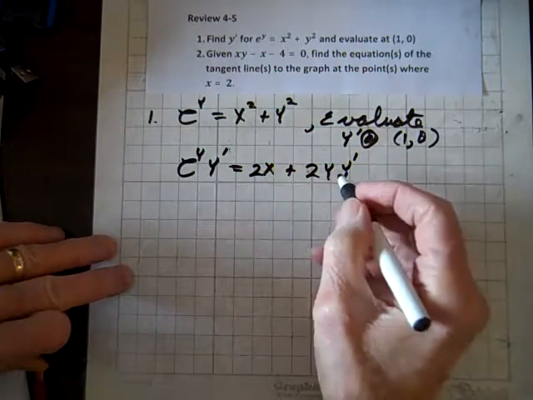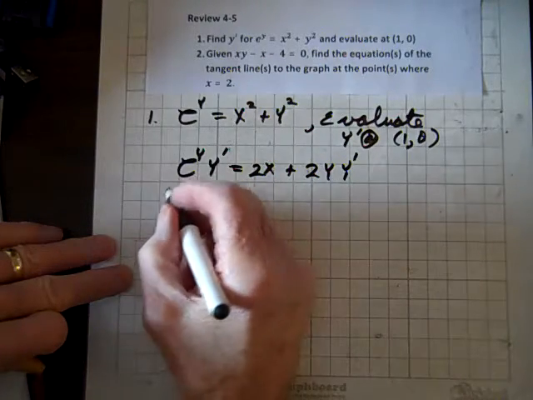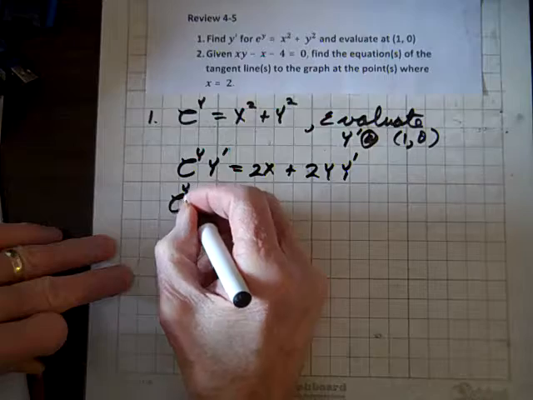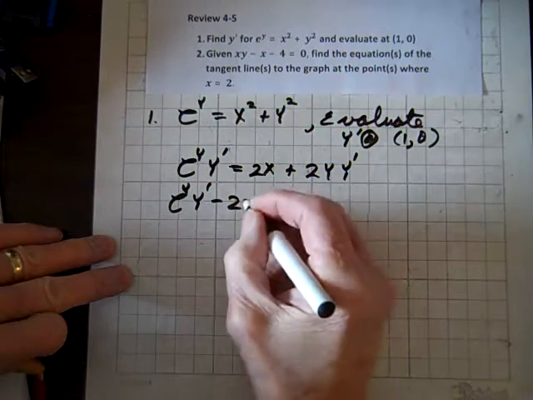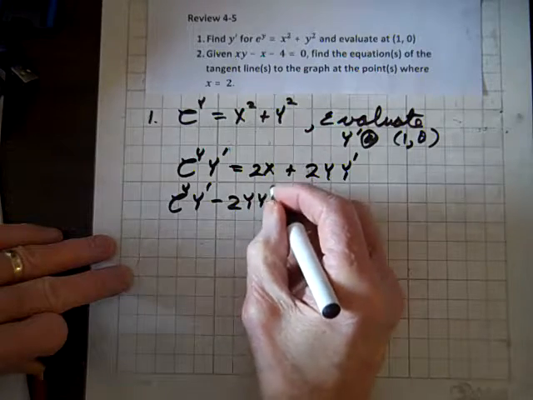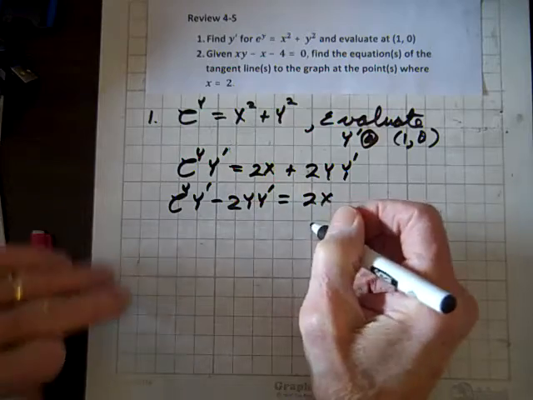So now we'll get all the terms with y prime in them on one side, so we'll subtract 2y y prime from both sides, and we're left with on the right 2x.